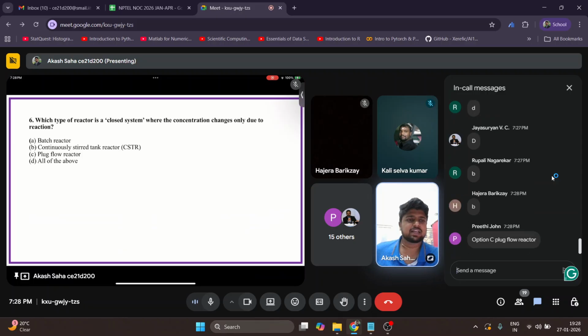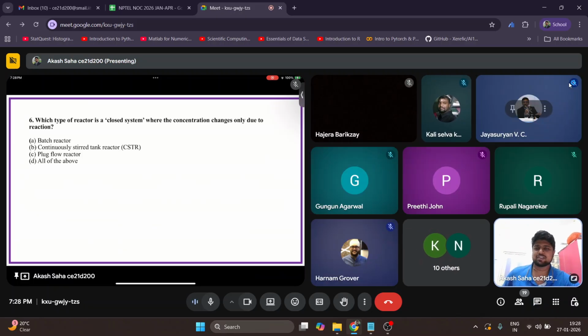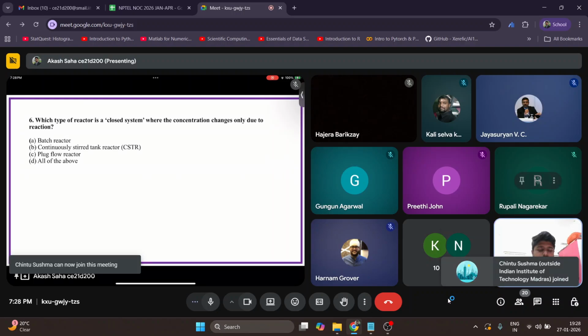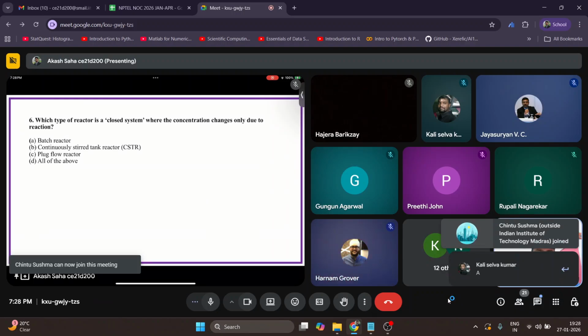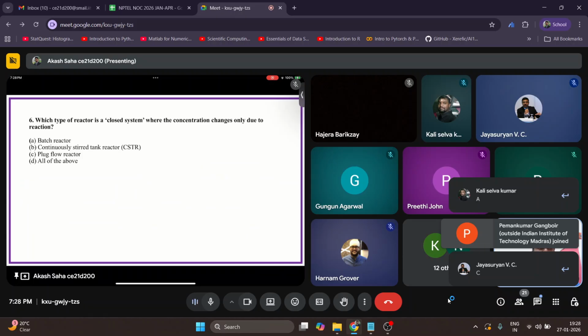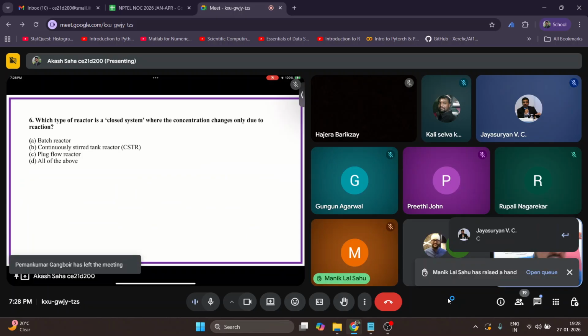I think I didn't get the correct answer yet. So first of all, one keyword here is that it's a closed system. Once the contents are put inside the reactor, it will be closed and then we let the reaction happen.